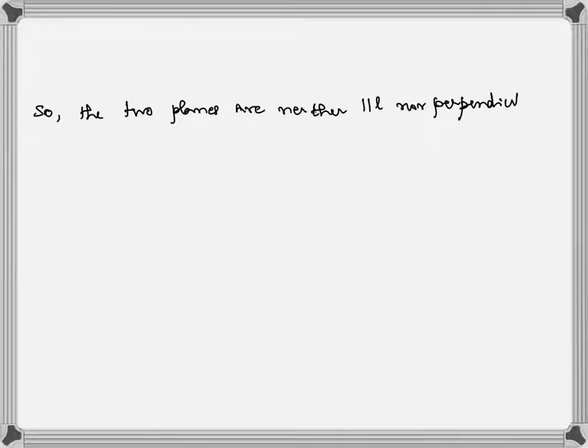So that means that they fall under neither category. The two planes are neither parallel nor perpendicular, which tells us that they make an angle theta between them. Let's assume that theta is the angle.